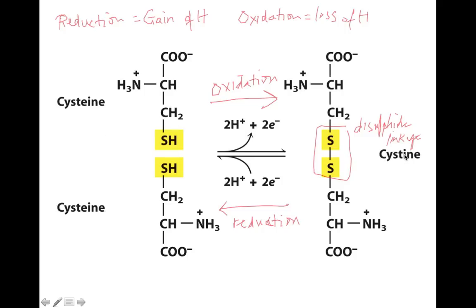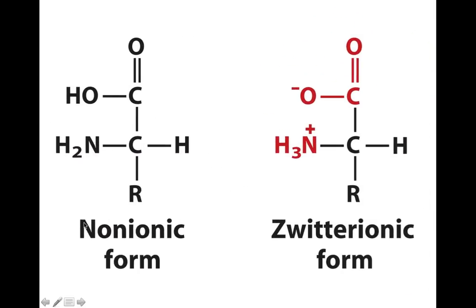Now that whole process can then be reversed. If you reduce the disulfide linkage, so you undergo a reduction reaction, alright, the process is going to go in the reverse direction. So you're going to convert one cystine molecule to two cysteine molecules. Alright.